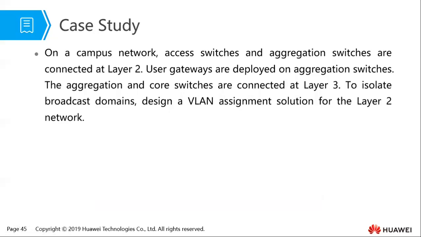So let's look at this case study. On a campus network, access switches and aggregation switches are connected at layer 2. So we've interconnected access and aggregation switches at layer 2.